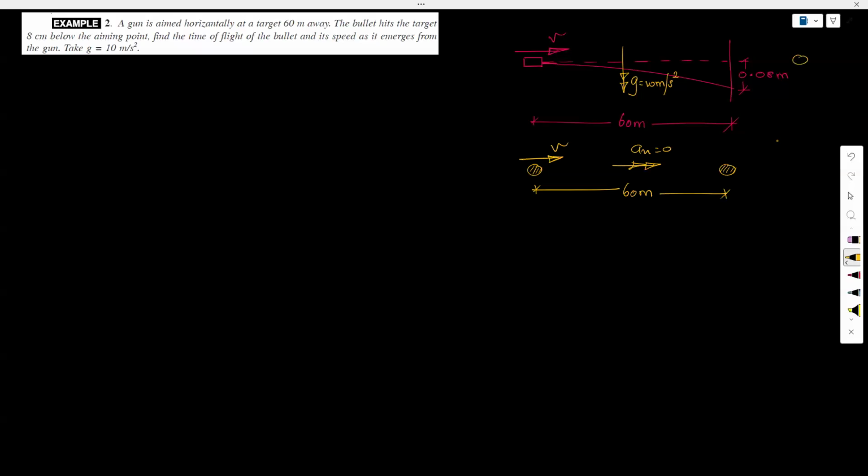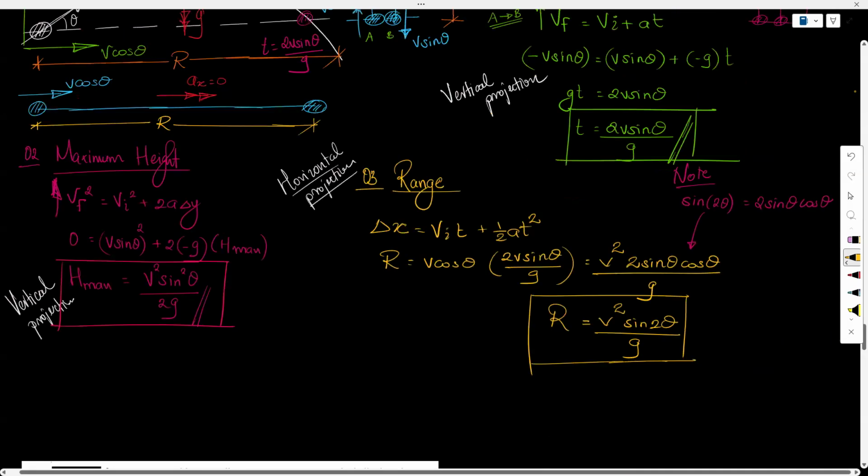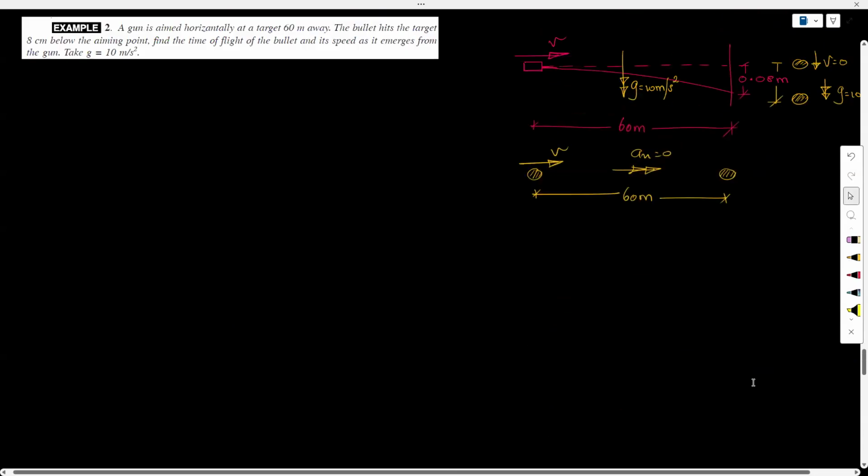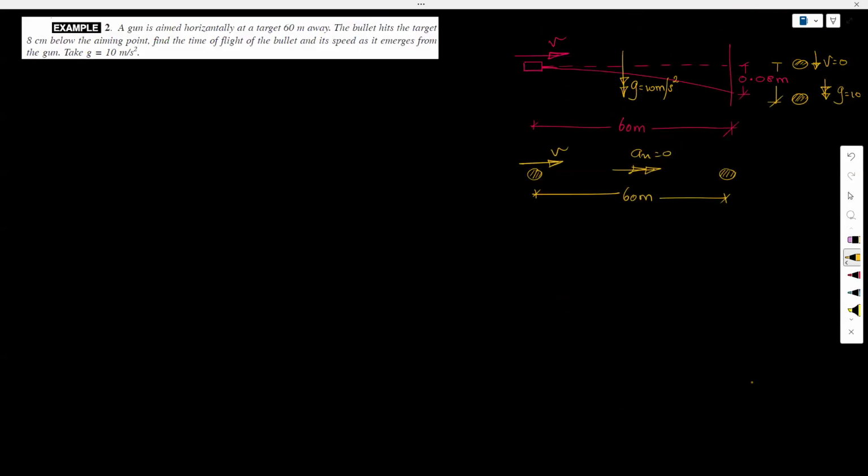Meanwhile, it has a vertical component as well. For the vertical component, the initial velocity is 0 because initially it was shot such that it only has a horizontal velocity. So it comes down with a vertical velocity, and the distance it has traveled is 0.08. And the acceleration due to gravity during that motion is 10, right?